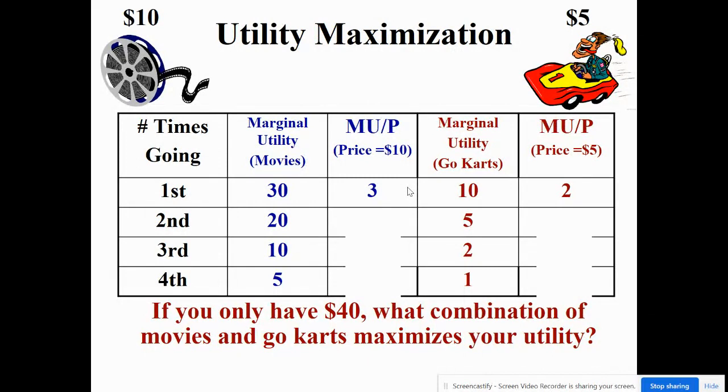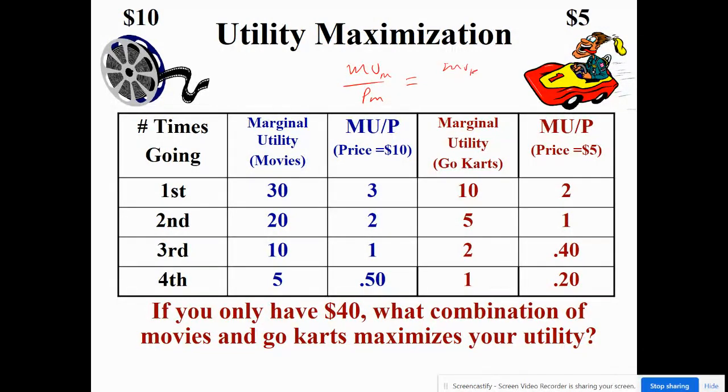So they're not equal, and we're going to go see another movie. When we're talking about two products, we're always going to consume where the marginal utility of movies over the price of movies equals the marginal utility of go-karts over the price of go-karts.